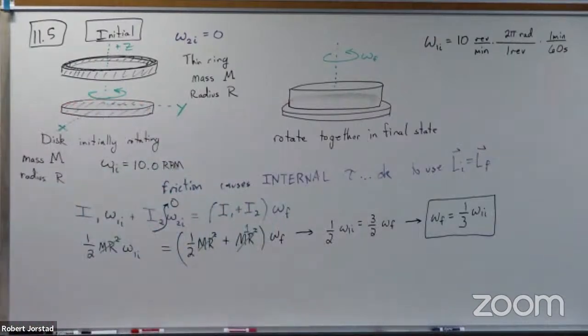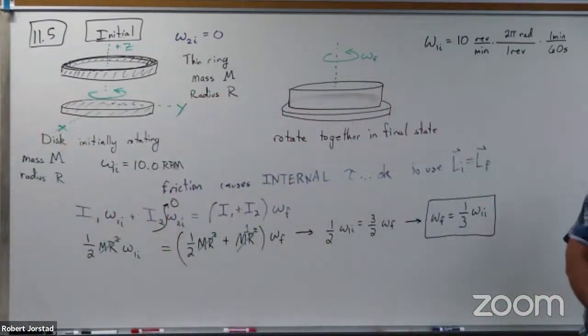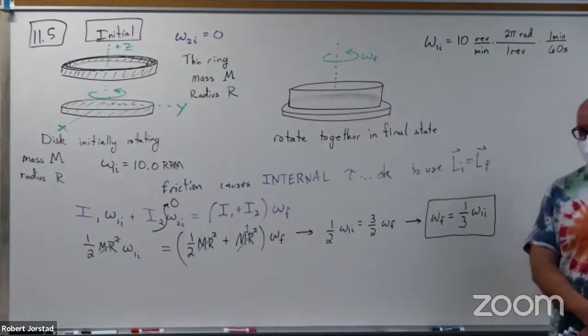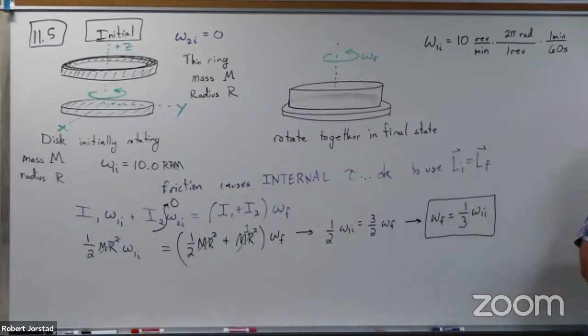Oh, here's a fun one. What should happen to the energy? Do you think the amount of energy goes up, down, or remains the same? Why do you say down?